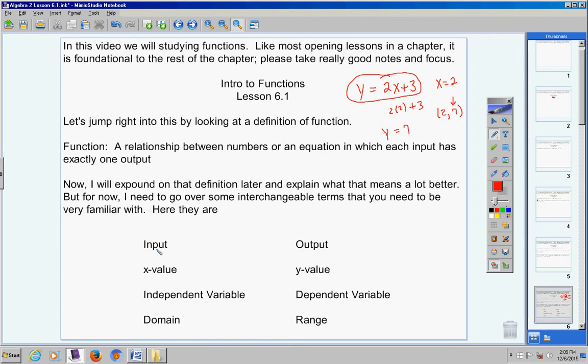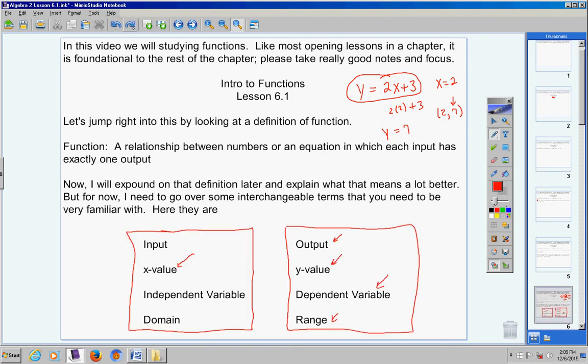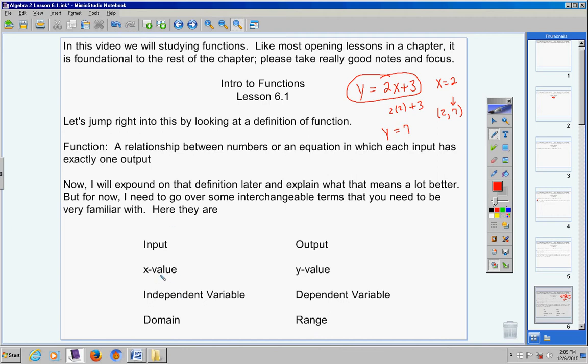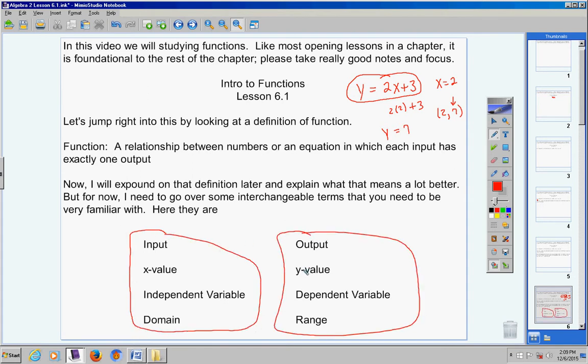Understand these. We're going to use them all the time. When I say independent variable, I expect you to know I'm referring to the x value. If I say range, I expect you to know I'm talking about the y value, and etcetera. All of these words you need to understand. These four go together, and these four go together. Got it? It's very important you understand that.